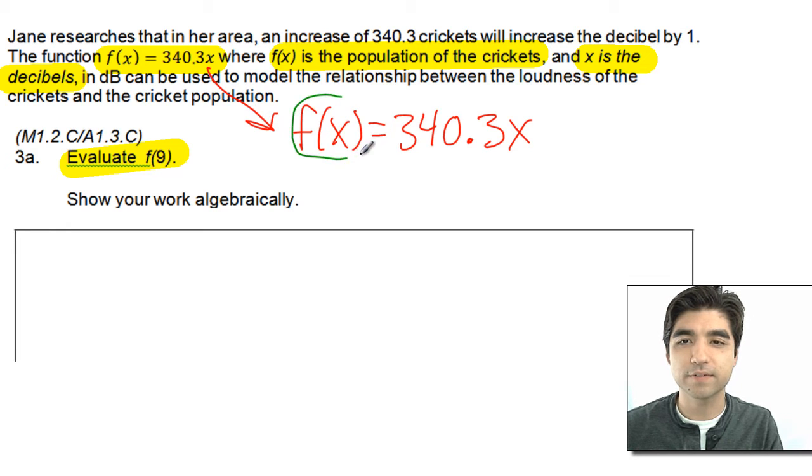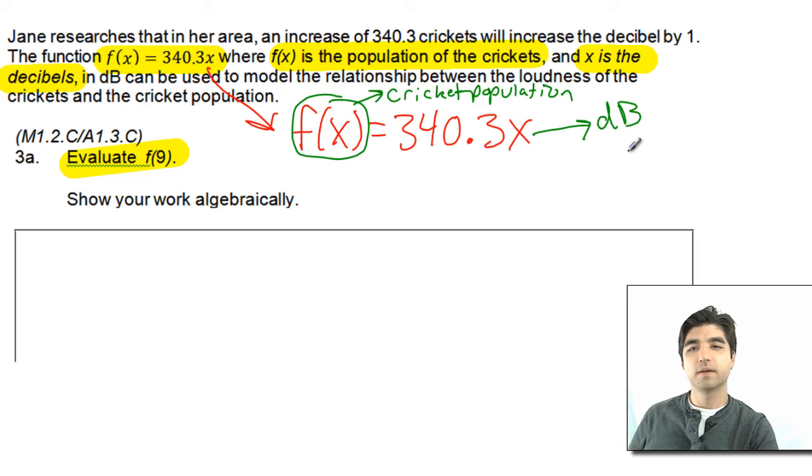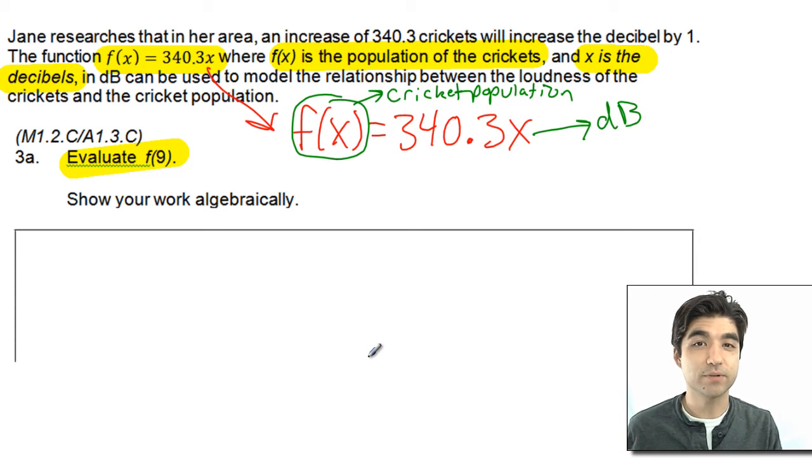So this part of it is the cricket population, and the x part of it is the decibels, dB. So we're going to use this equation now in order to do some math.